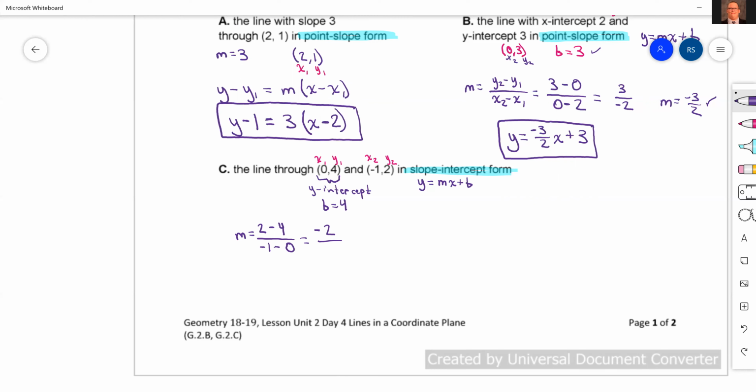Negative 1 minus 0, negative 1. Negative 2 divided by negative 1 gives you positive 2. Well, now I know my slope. I know my y-intercept. So that means my equation I can fill in. Y equals 2x plus 4. There we go.